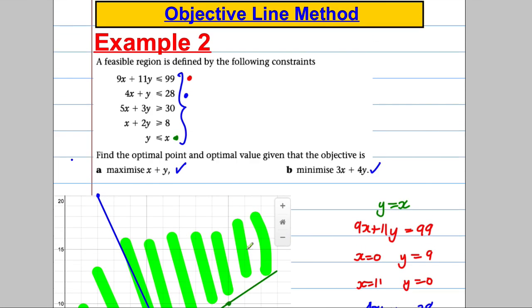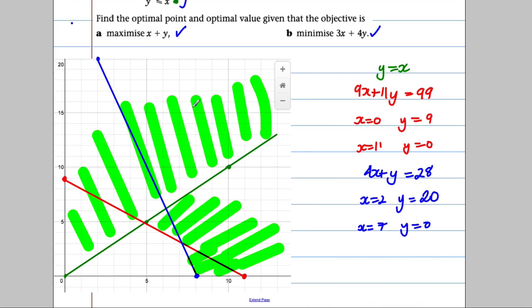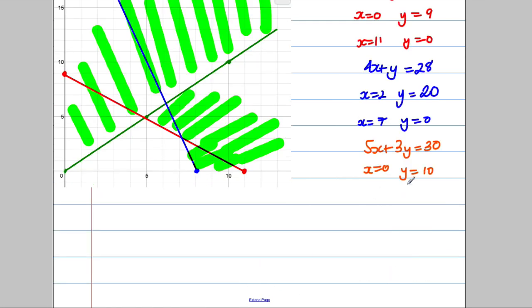Okay, and then what we need to draw is 5x plus 3y is bigger than 30, so 5x plus 3y equals 30. So if x was 0, y was 10, and if y was 0, x must be 6.